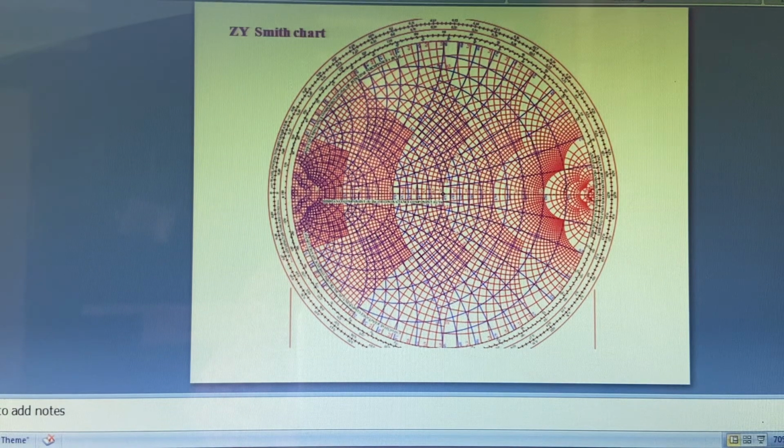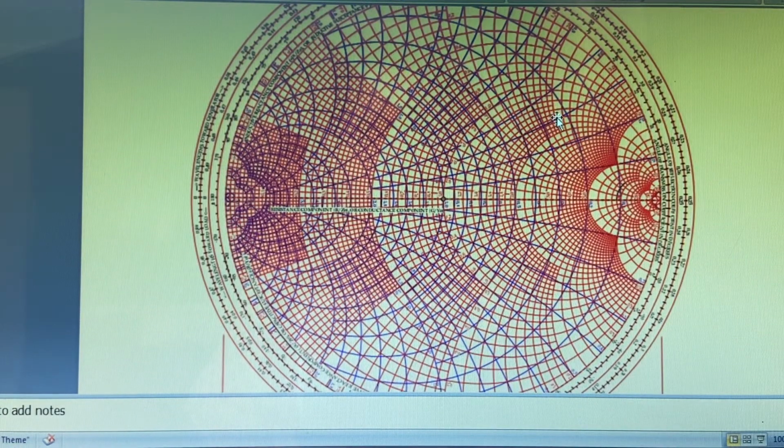In the YZ chart, moving on conductance circles means moving here. See, this is a conductance circle here. These are the susceptance circles, and these are the conductance circles. So we can move from any point to any point like this. The conductance value remains the same, susceptance changes. By knowing that, we can find what shunt element is added.